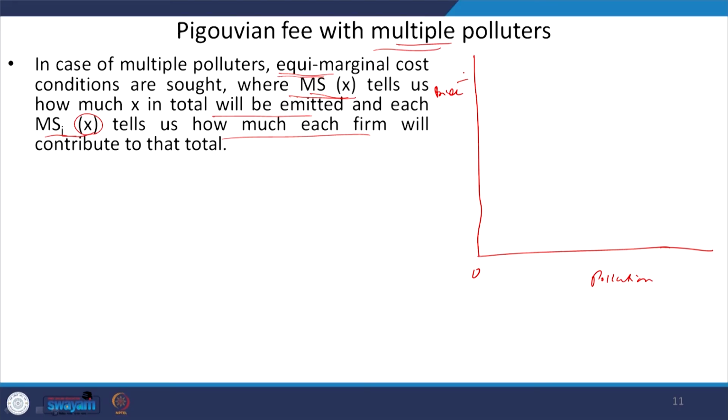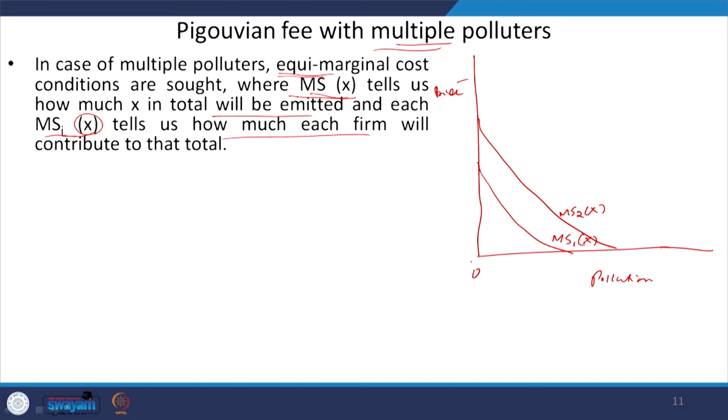So, what we are saying is, let us say there are two polluters: polluter farm 1, and its marginal saving function from polluting can be denoted as MS1x, and there is another polluting farm and its marginal saving can be denoted as MS2x, right.